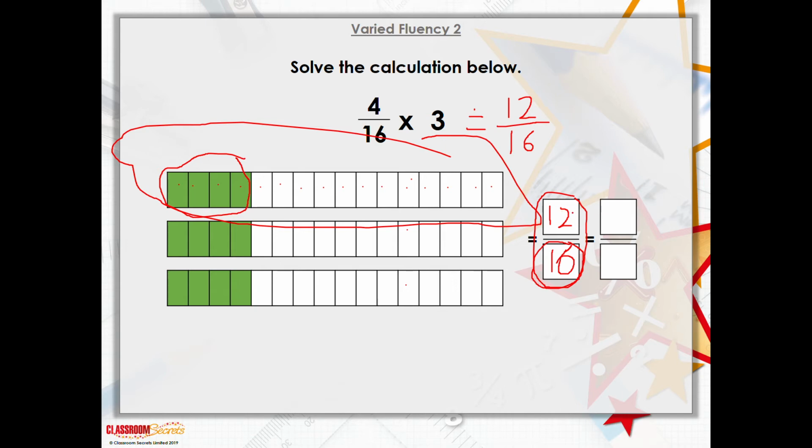I can divide 12 by 4, and 12 divided by 4 is 3, or 3 lots of 4 is 12. I know that 16 divided by 4 is 4, or 4 times by 4, or 4 squared is 16. So my simplified fraction in this answer is 3/4. So 12/16 is equal to or the same as 3/4.